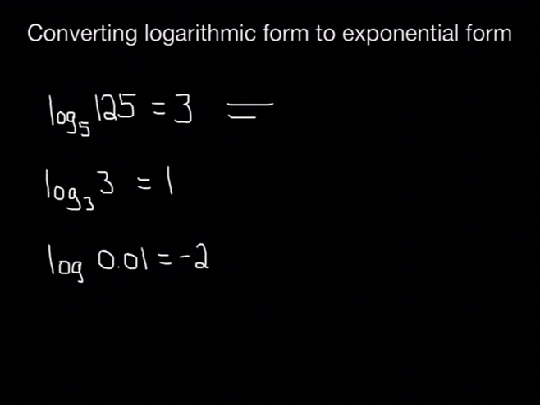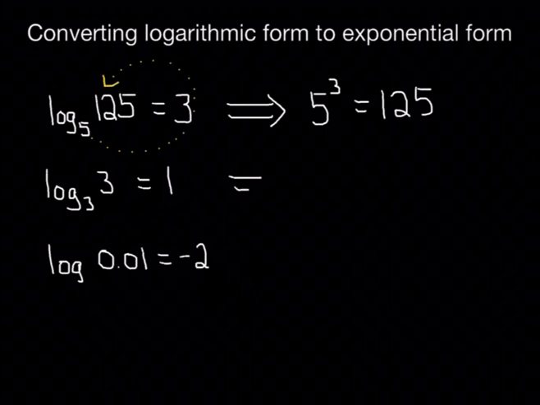If I want to convert this to exponential form, it's simply 5, the base number, to the third power equals 125. I tell people it makes a counterclockwise type of rotation. 5 to the third power is equal to 125.